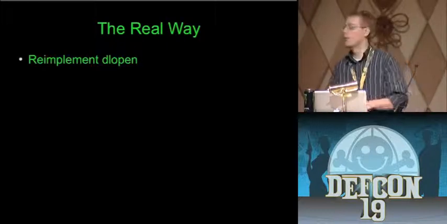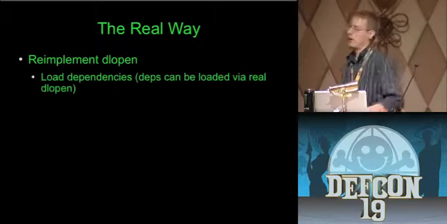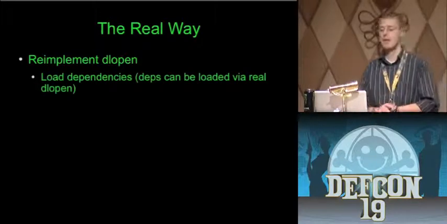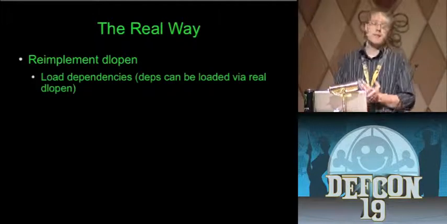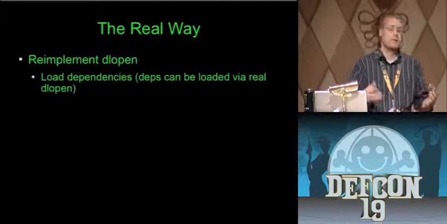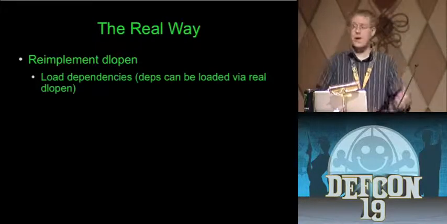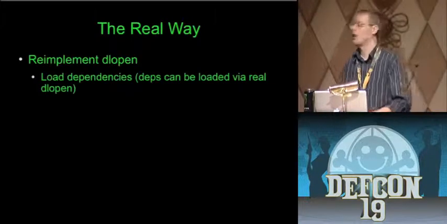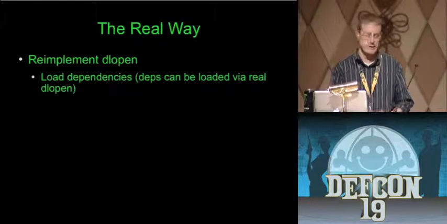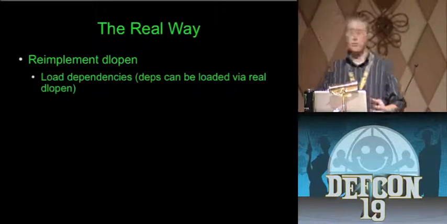So the real way, you want to re-implement dlopen by loading the dependencies of your malicious shared object yourself. Some of the dependencies can be loaded via dlopen, and some of the dependencies might not even be needed to be loaded at all. Like libc is in just about every single program out there. I don't think I've seen a program that didn't depend on libc. So you'll load your dependencies by hand for the most part.